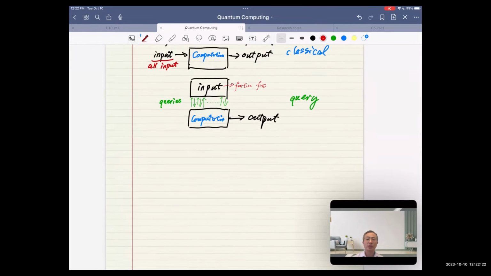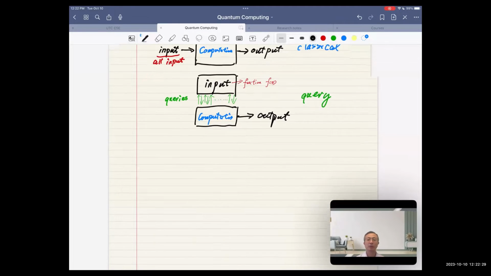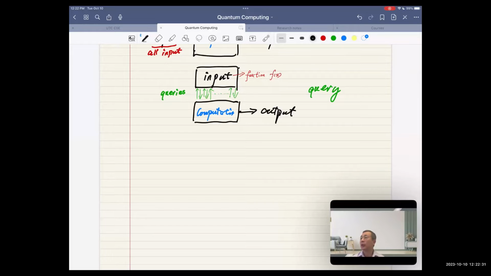What kind of input function or query problem can a query model computation work on? There will be the all function, parity problem, minimum problem, and the Deutsch algorithm is going to work on the parity problem.